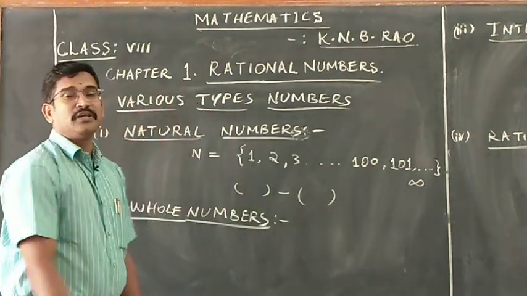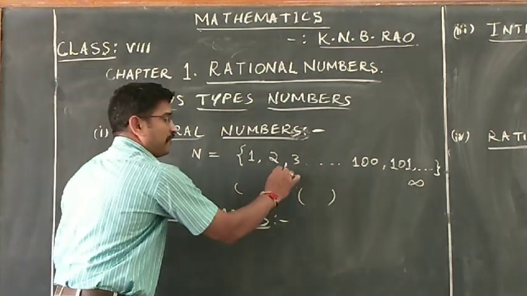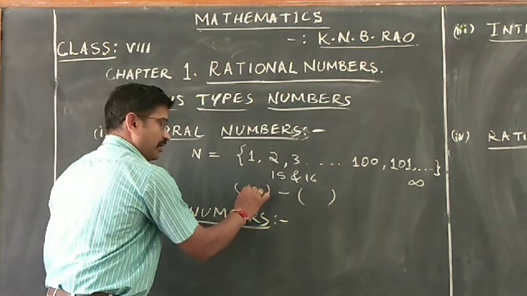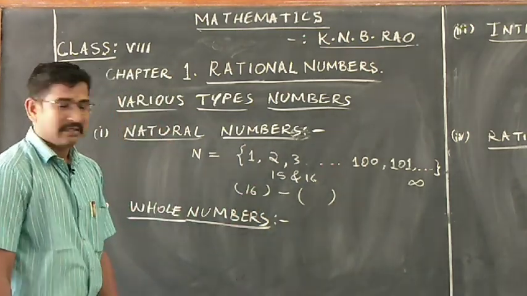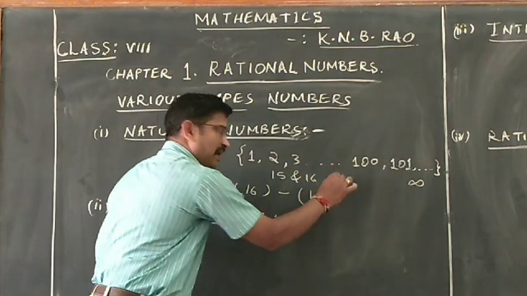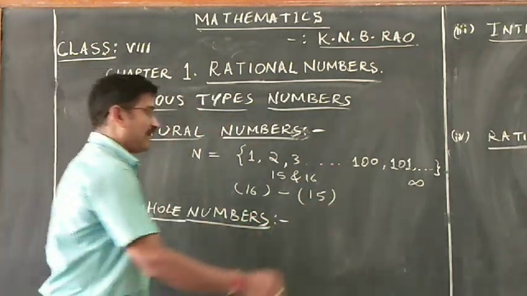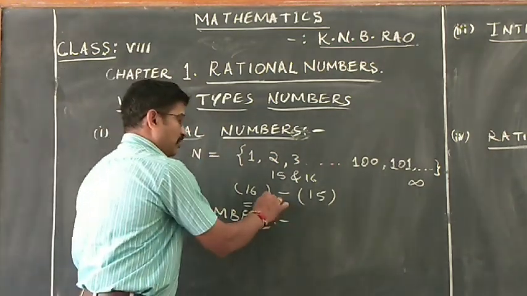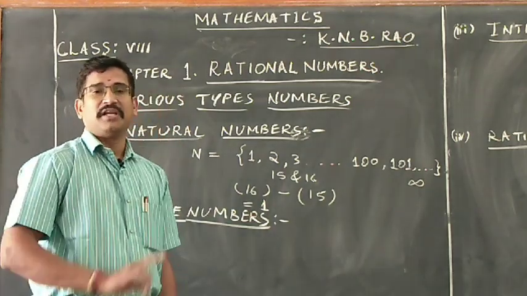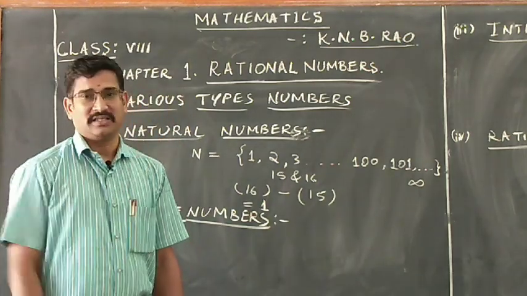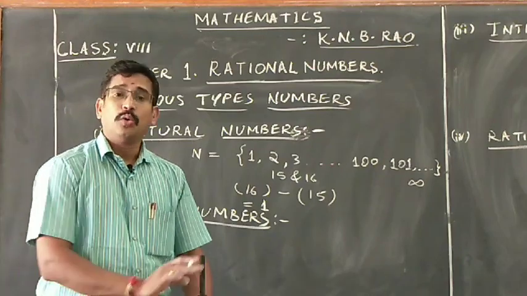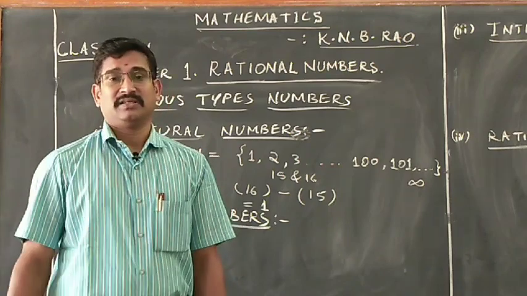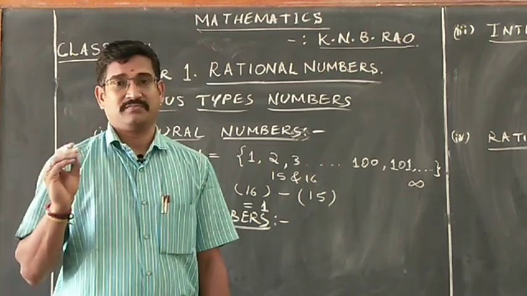Suppose you take any two continuous natural numbers such as 15 and 16, the bigger number 16 minus the smaller number 15 gives us 1. This is one important property of natural numbers. The difference between any two continuous natural numbers is always 1, which indirectly tells that all the natural numbers are complete numbers, not parts, not fractions.